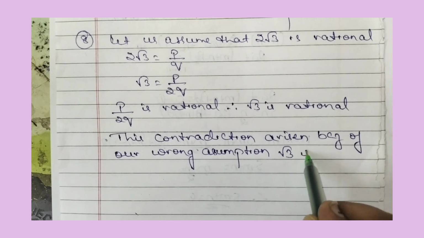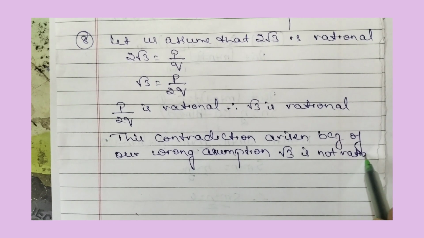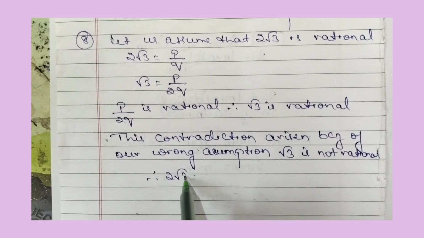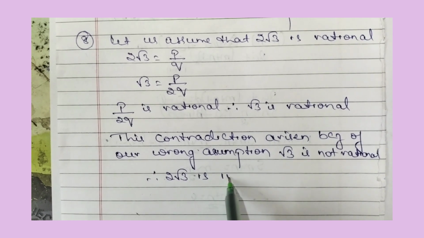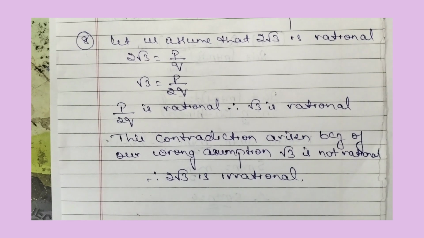Root 3 is not rational. Therefore, 2 root 3 is irrational. So like this we have to prove that 2 root 3 is irrational.